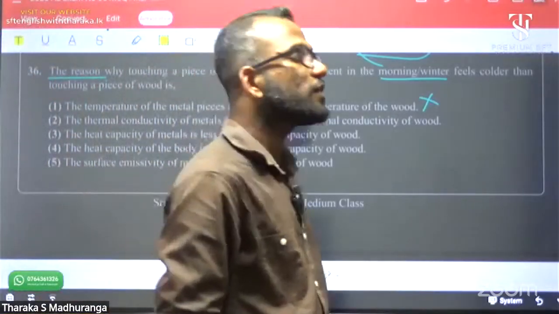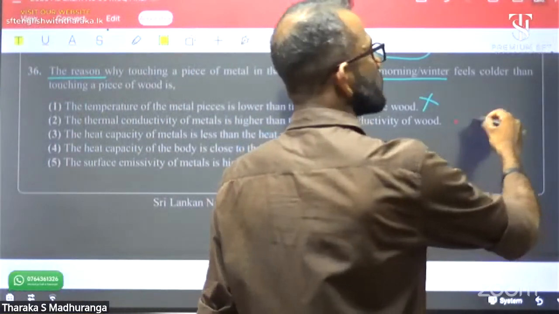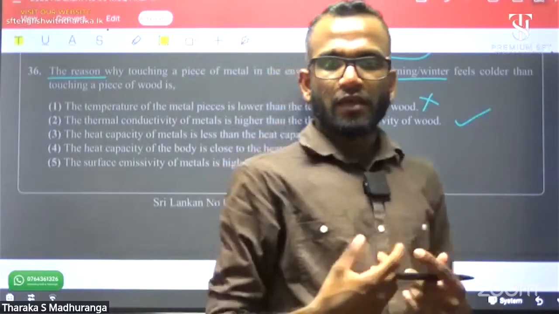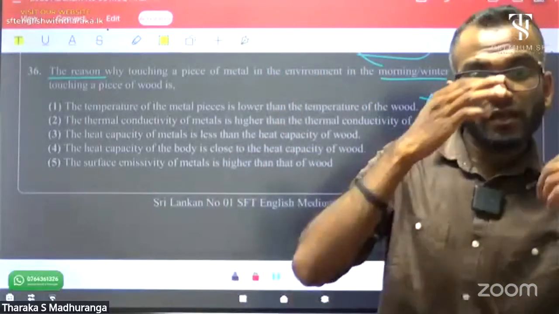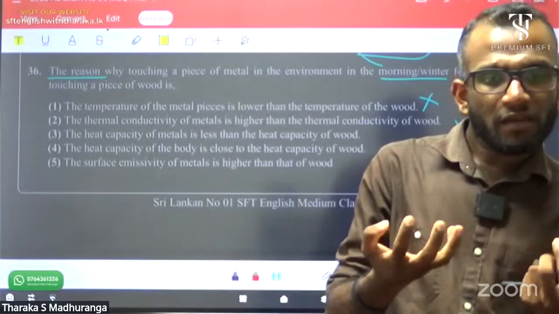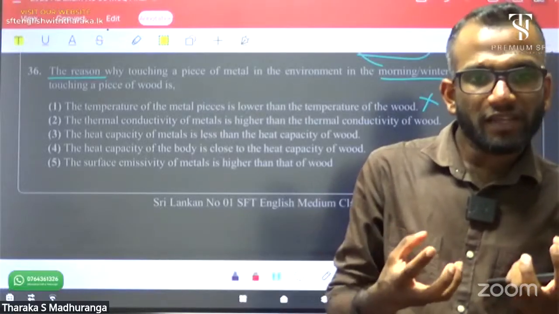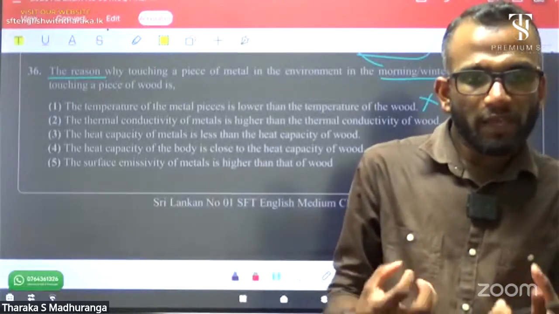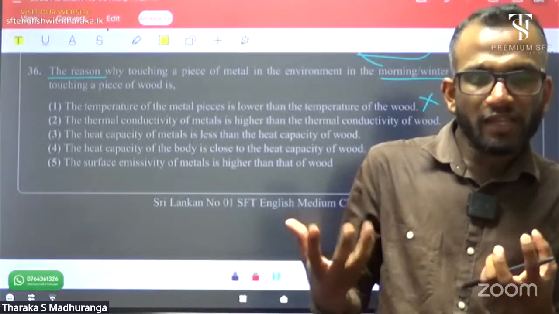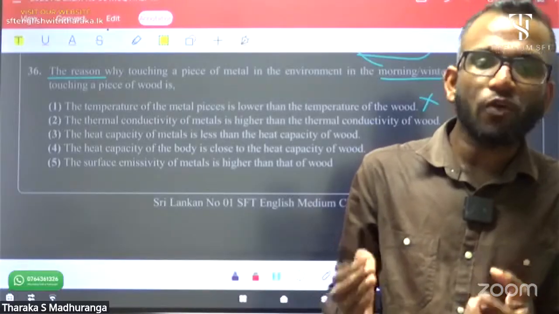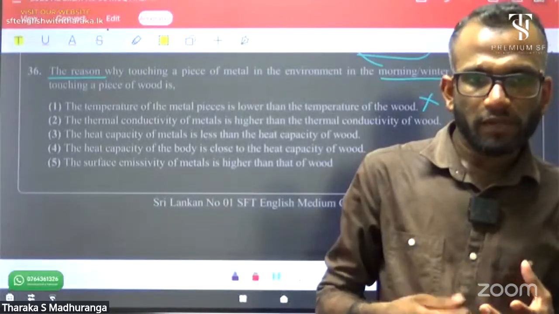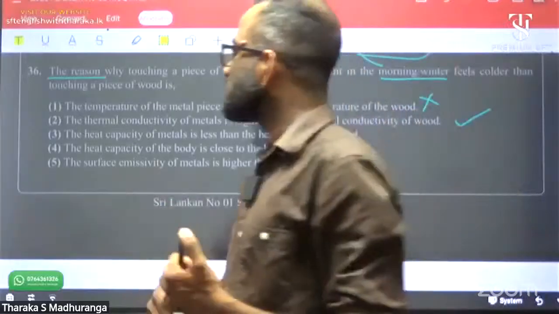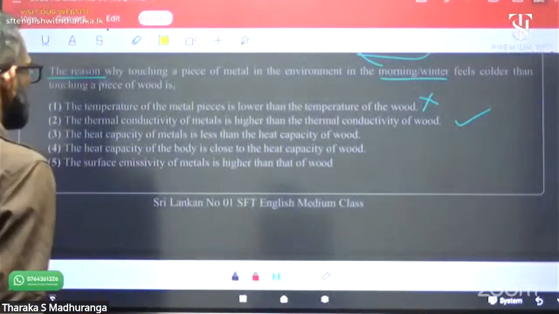Yeah, that's the actual reason. Metal easily conducts heat, that means heat is released rapidly, but wood's thermal conductivity is very low, therefore heat is released very slowly in cold temperature, right? That's why the metal piece gets cold very rapidly.